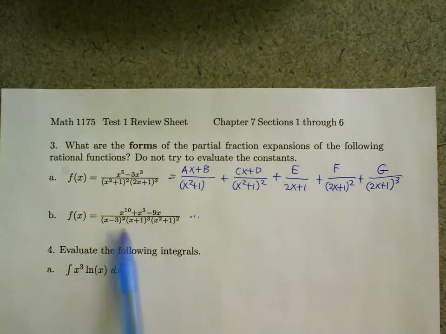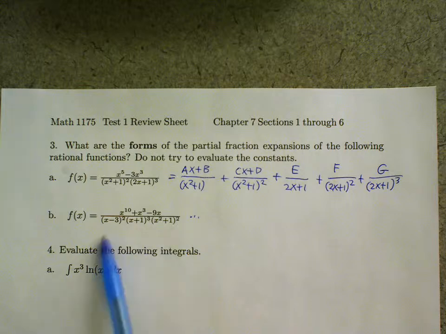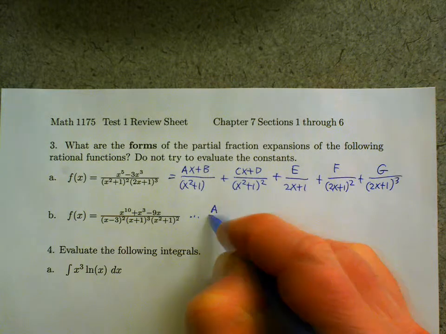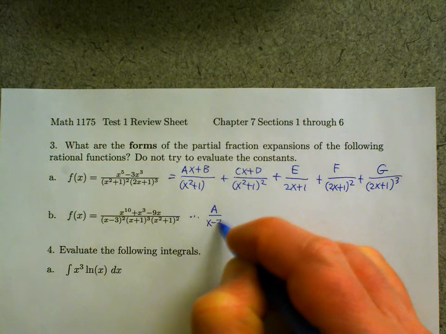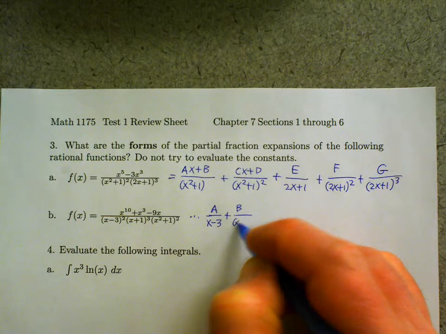So let's just write the partial fraction expansion that corresponds to this denominator. We have the linear factor x minus 3 to the second. So that means we'll have a over x minus 3 plus b over x minus 3 to the second.